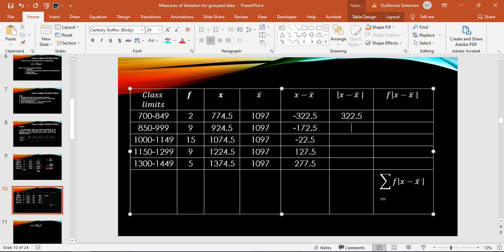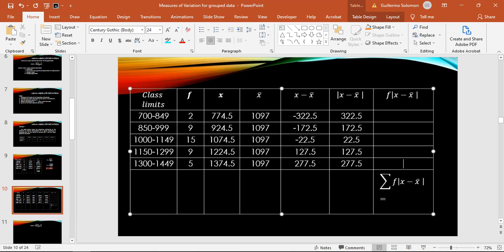Okay? So, 172.5, the absolute value of negative 172.5. And the absolute value of negative 22.5, that is 22.5. 127.5, rewrite lang natin kasi positive na sila. 277.5.